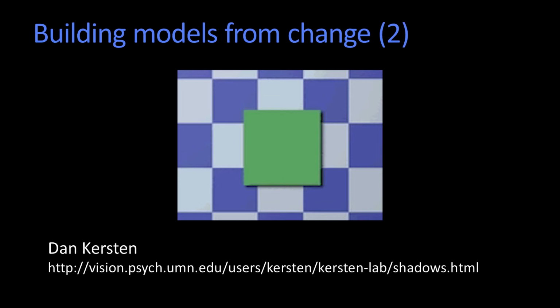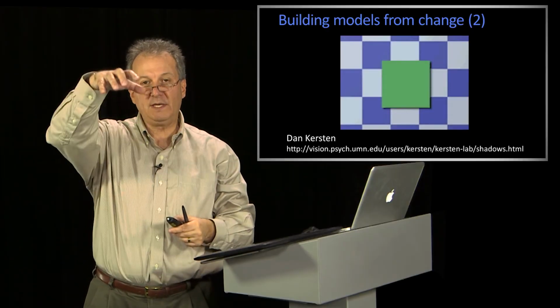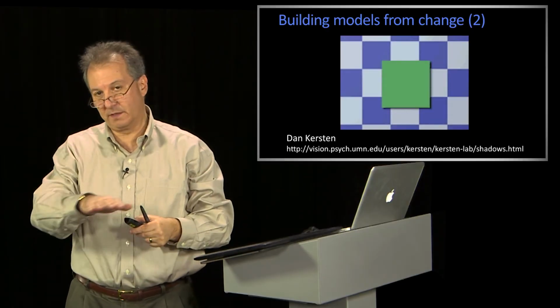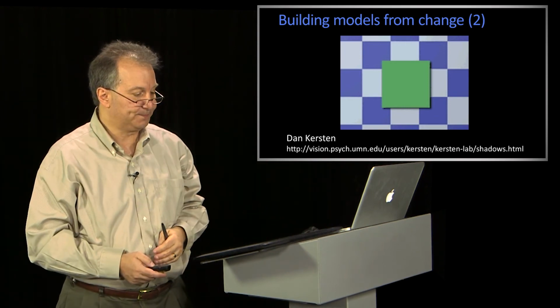The only things that move are those darkish pixels, which your brain says is a cast shadow. So that means your brain had to pretend there was some illuminant up in the sky over here making these shadows, and the only explanation is that the green thing came up off the checkerboard. So it's another example of your brain doing this construction.